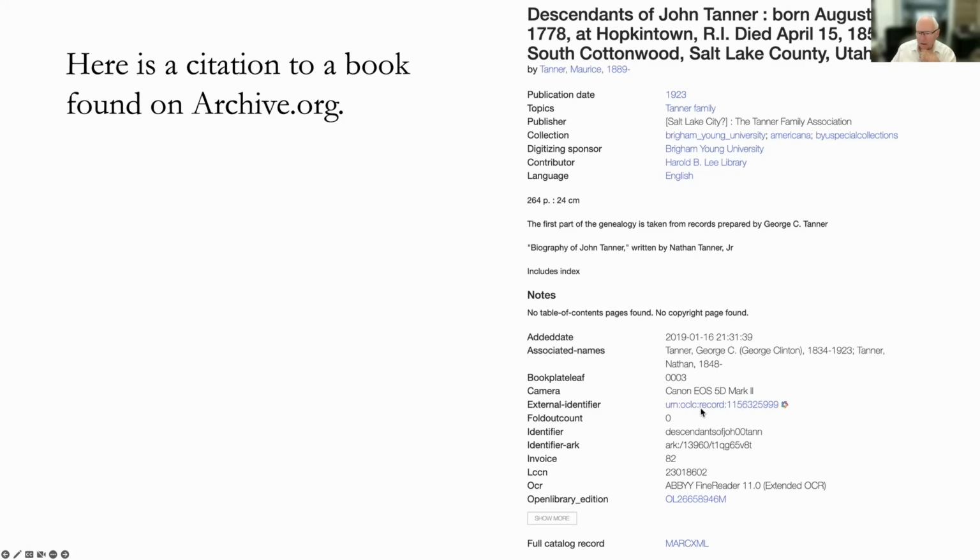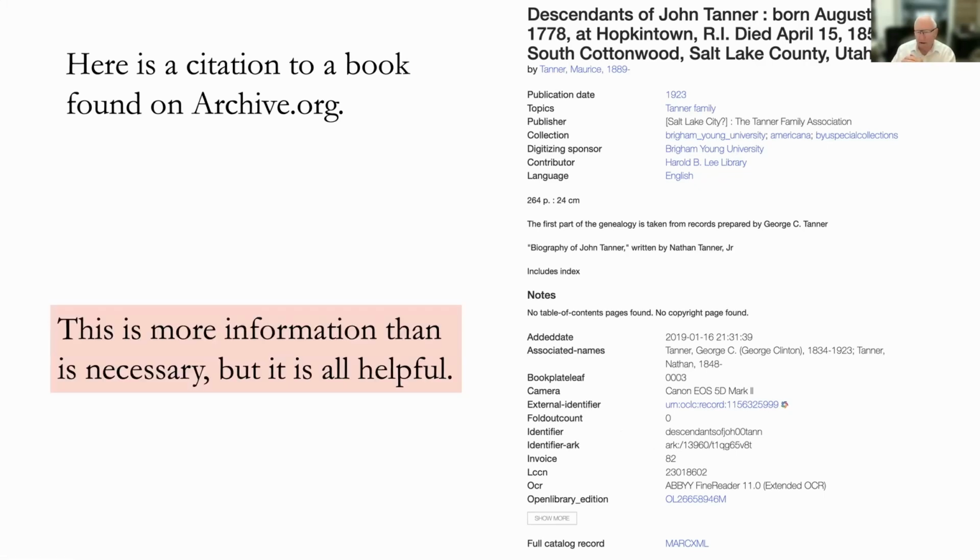The OCLC record number is from worldcat.org, WorldCat, which is the catalog of all the catalogs. The interesting thing here is that this is more information than is necessary, but it's all helpful.